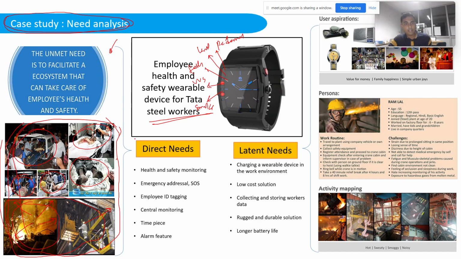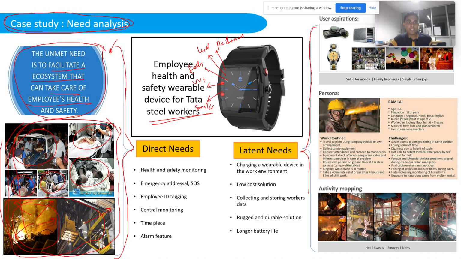I am giving you this example to make you understand what direct needs we came across, and what latent needs we realized when we tried to develop the product. The very important and basic need that we understood, what we call the unmet need, is to facilitate an ecosystem that can take care of employees' health and safety.